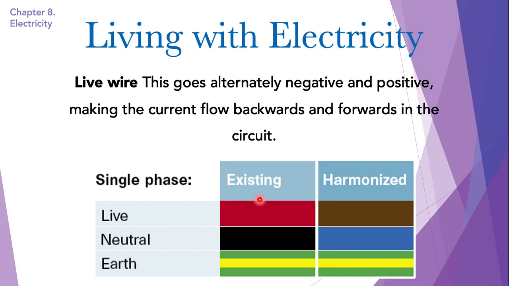All of the devices, like the kettle or any other electronic device, have a cable and a plug as well. In this cable we have many other wires. We have three different wires: the live wire, the neutral wire, and the earth wire.